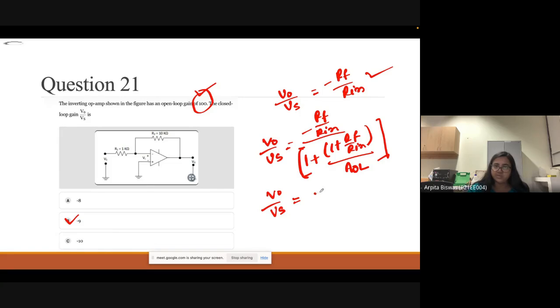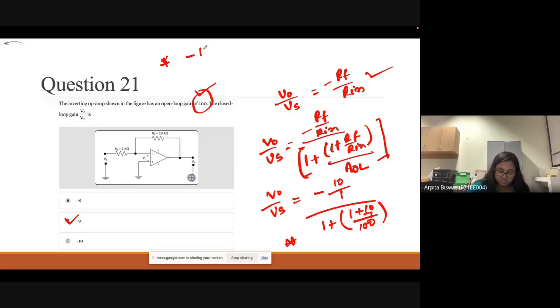So just put down the values. It is minus 10 by 1 in the numerator, and in the denominator 1 plus 11 by 100.